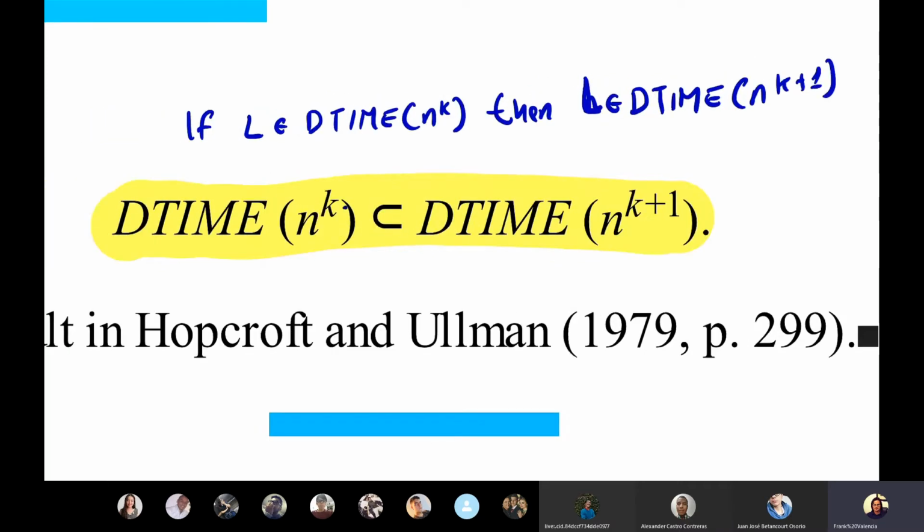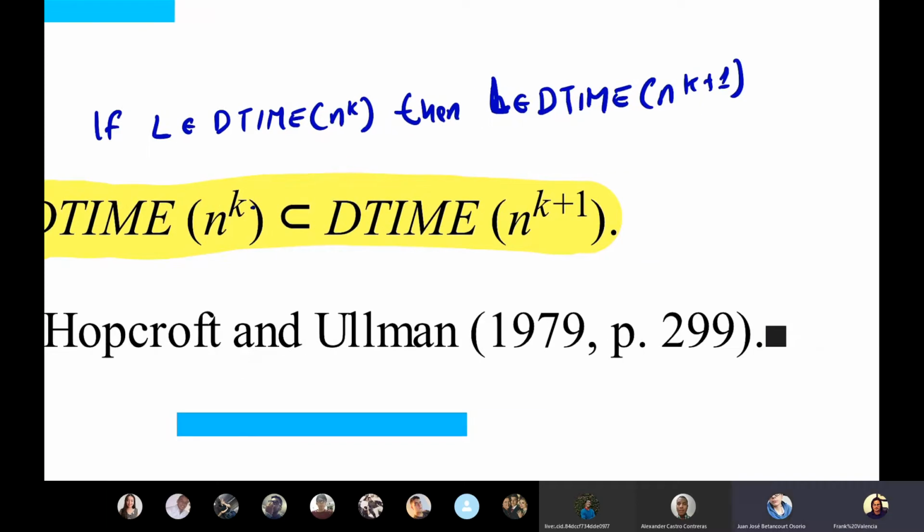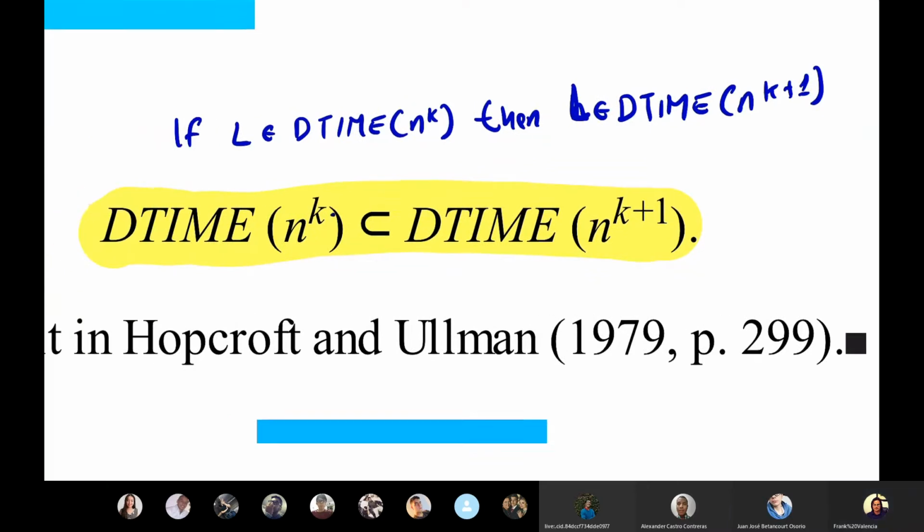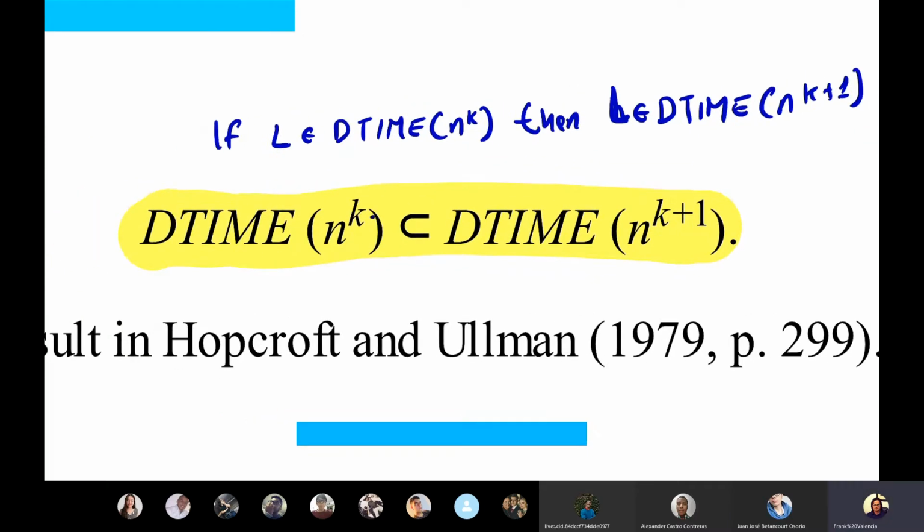That shows that if L can be decided in deterministic time n^k, then L can also be decided in time n^(k+1). But that part is easy. I mean, it's trivial. But what else do I need to prove to complete this?